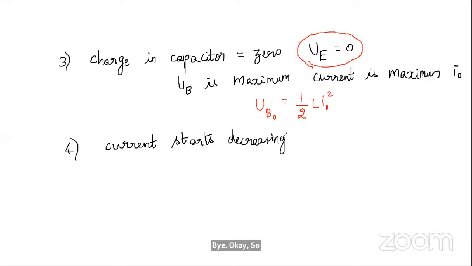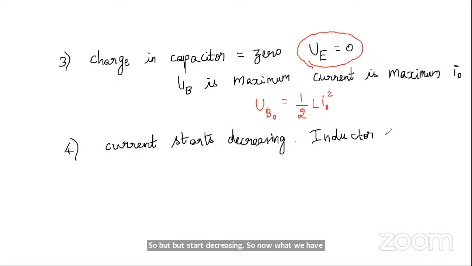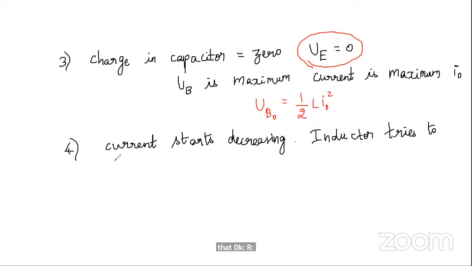Since the current starts decreasing, what will happen? The inductor tries to oppose the decay of current. This is based on Lenz's law.